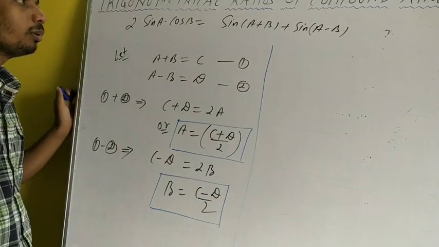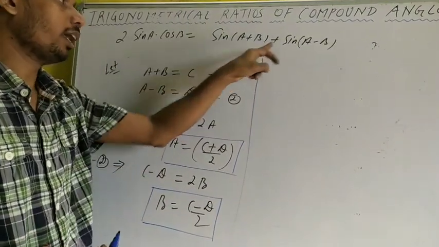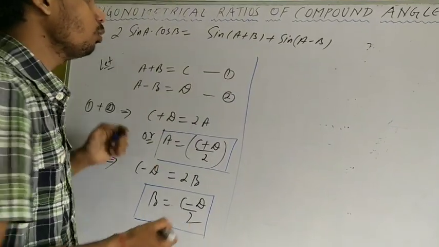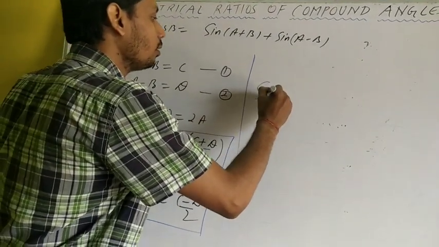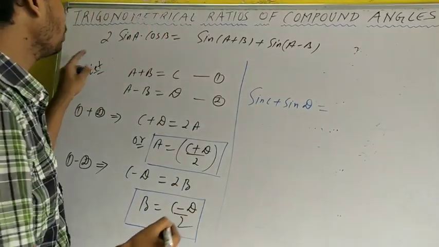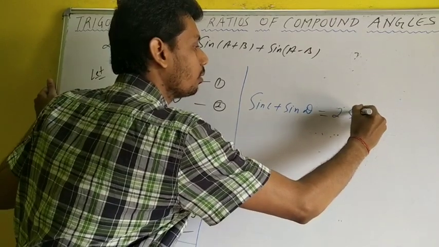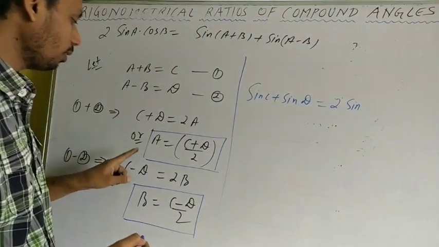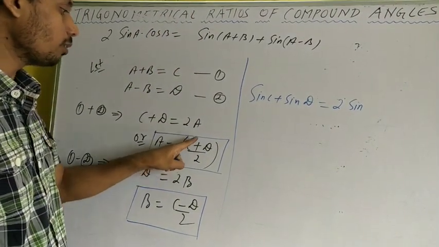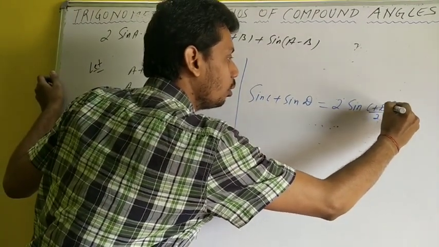Now let us replace a plus b by c as we have assumed, and a minus b by d as we have assumed. So this becomes sin c plus sin d is equals to twice of sin a, and what is a? a is equals to c plus d by 2. So at the place of a we can write c plus d by 2.